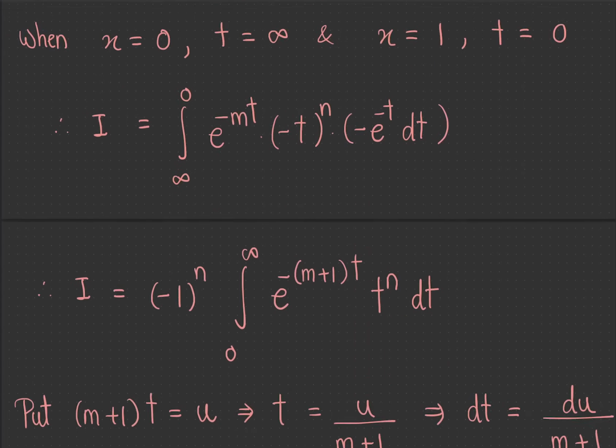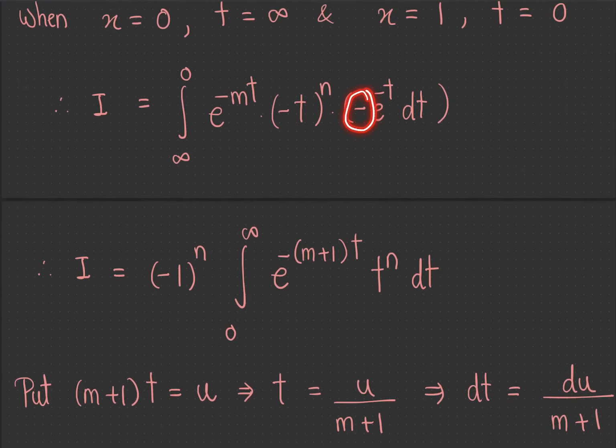Now we will merge this negative sign into this integral. So this integral will become 0 to infinity. So I will be minus 1 raised to n. This comes from this term, minus t raised to n, so minus 1 raised to n I have taken common. And integration 0 to infinity, since I have merged this negative sign into this integral. Also in the exponent of e, the term is minus mt and here minus t.